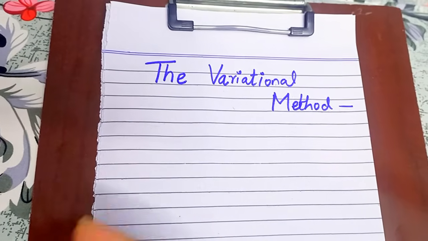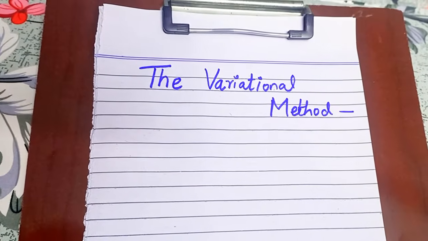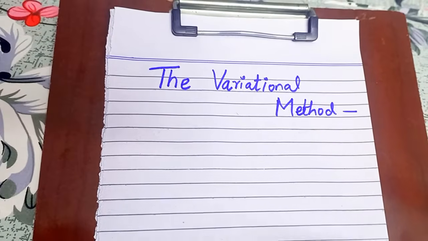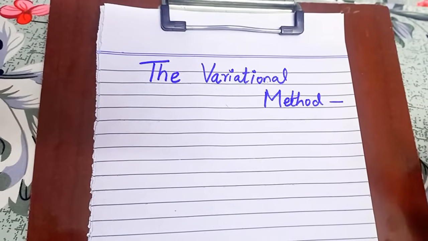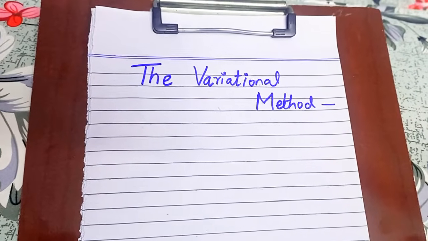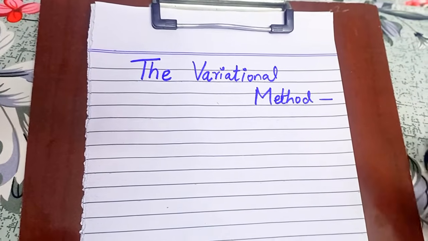This is a very detailed video because we will cover each and every point regarding this method, and the mathematical description is really important to understand how to use it.